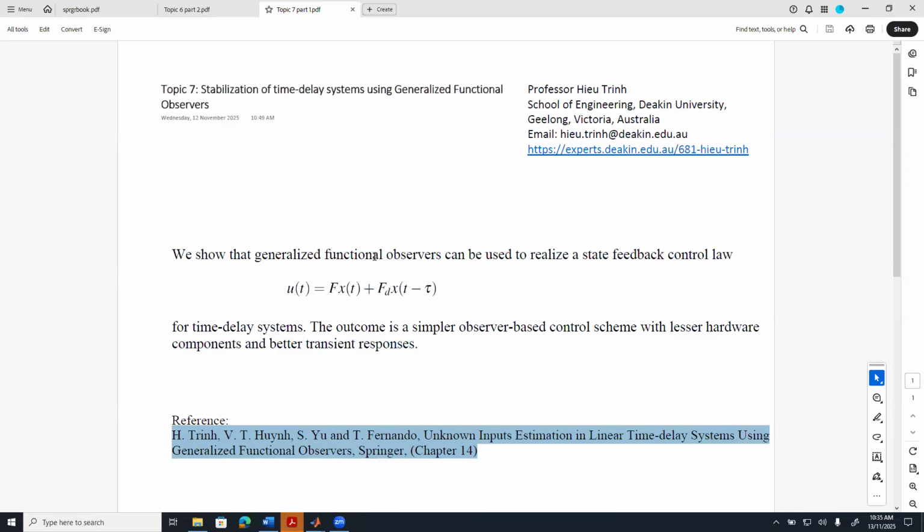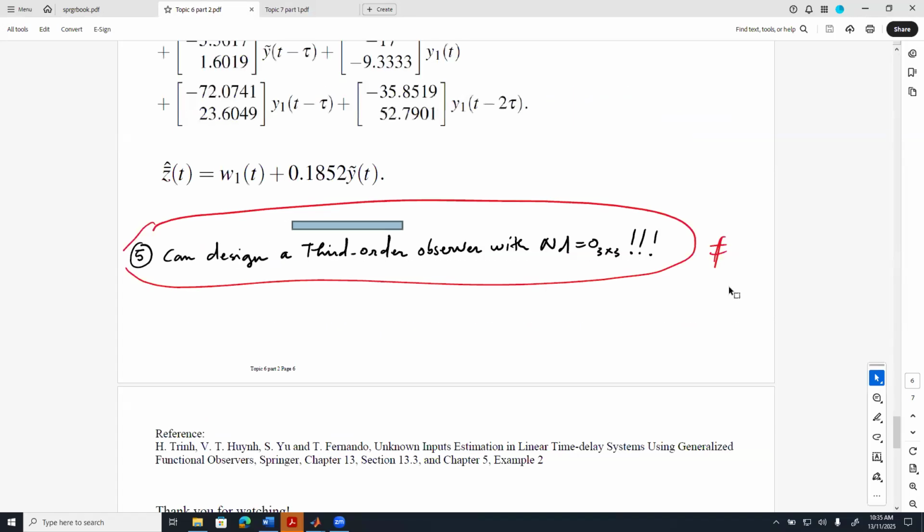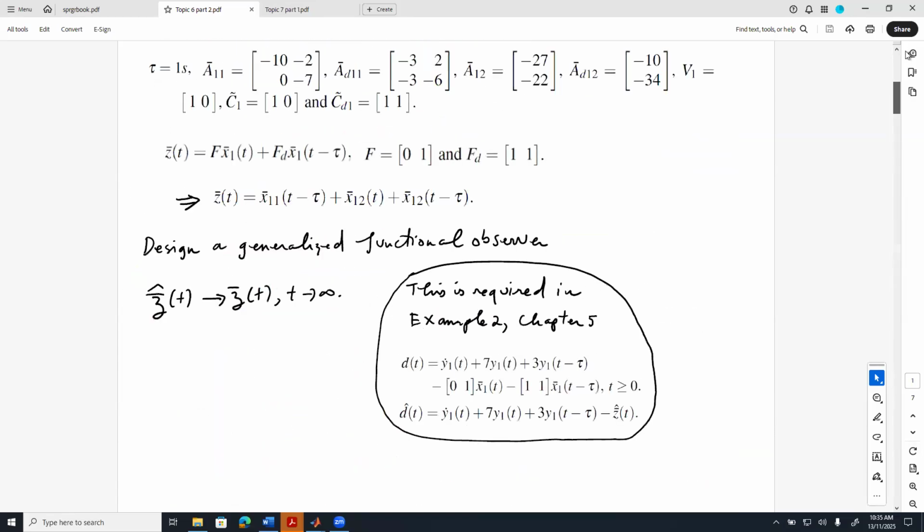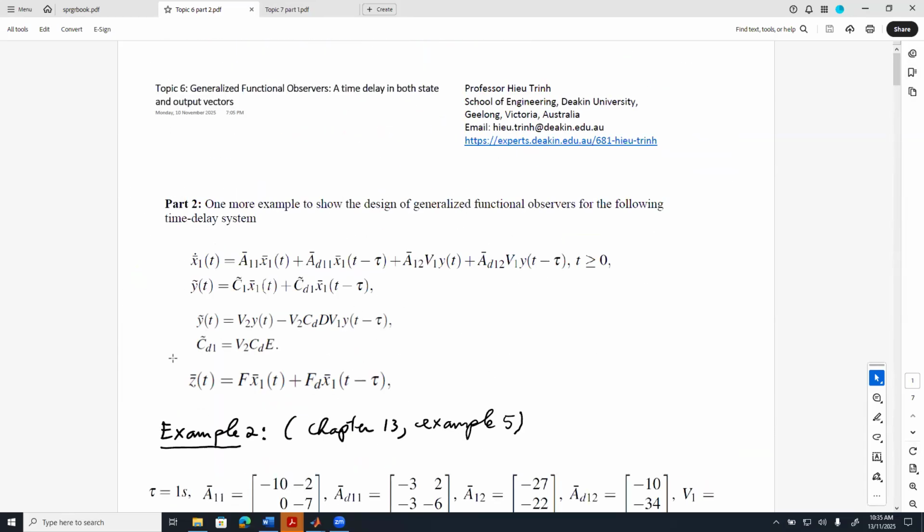Now we would like to discuss a very interesting application of generalized functional observers. You can recall that in the previous talks we discussed the design of generalized functional observers to estimate generalized functionals of a class of time delay systems, where the delay could be present in the output measurement vector, or not.